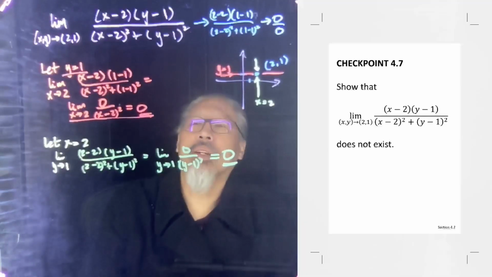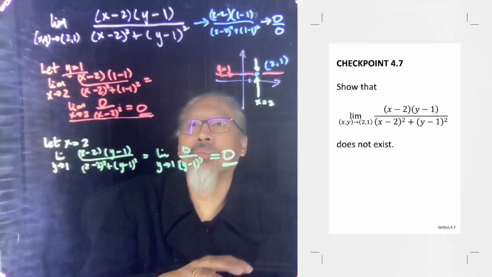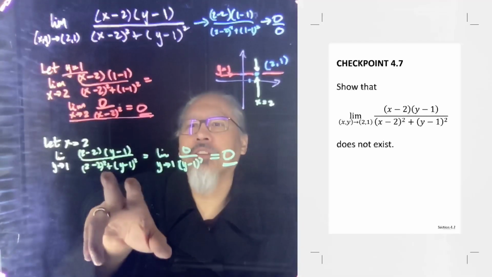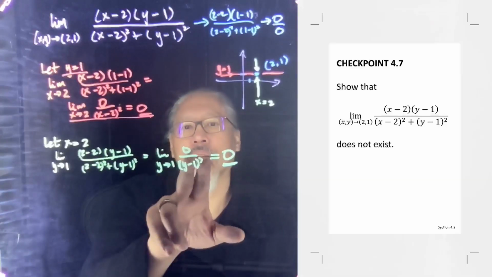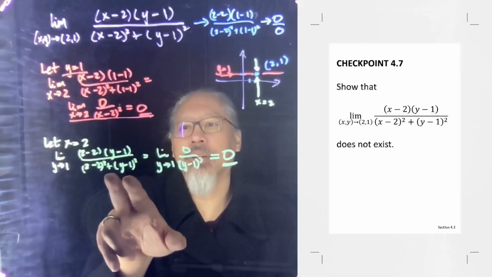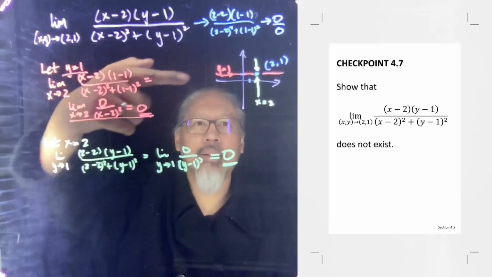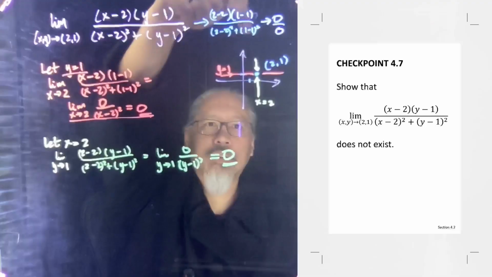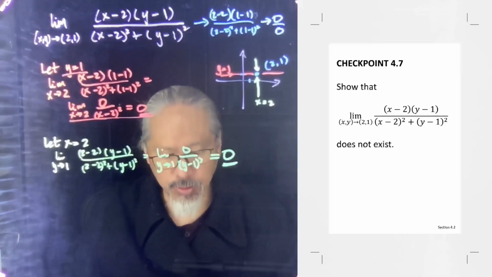So the key to this is we're going to find another path going there. And the key to this path is that if you notice, the numerator was 0 before we even got this to be 0. So any of these horizontal or vertical paths going to 2, 1 isn't going to work.